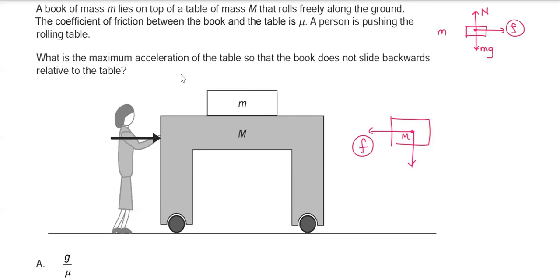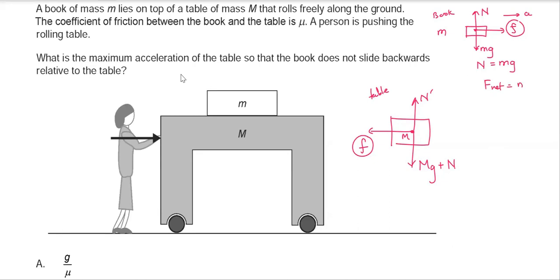And you can see that this will be mg downwards, plus there will be some normal force from the book and a normal force from the ground. Those vertical forces are balanced, so we are not worrying about vertical forces. The only force acting in the horizontal direction, which is causing the book to accelerate, this is book and this is table, is the friction force.